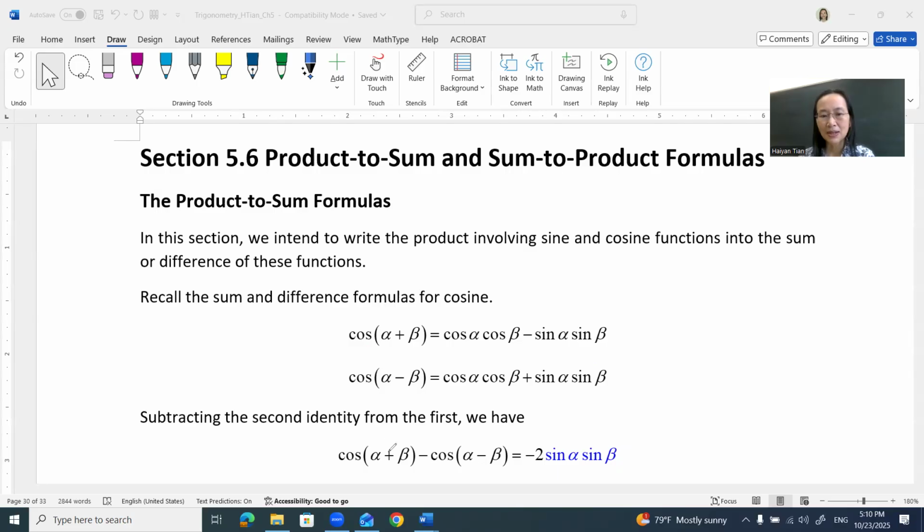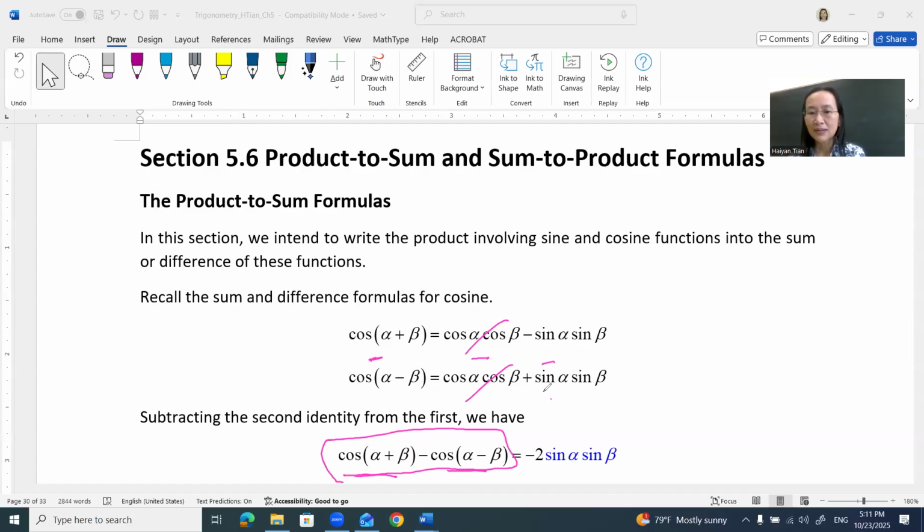You see what happens? The left-hand side, I just do the subtraction. The left-hand side becomes immediately this one, right? And the right-hand side, when you do a subtraction, subtract this cosine and subtract this also the sine. And the cosine alpha, cosine beta will be gone.